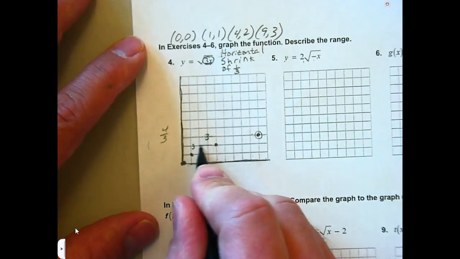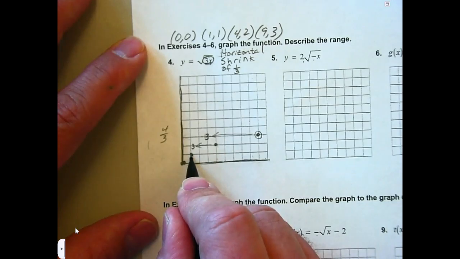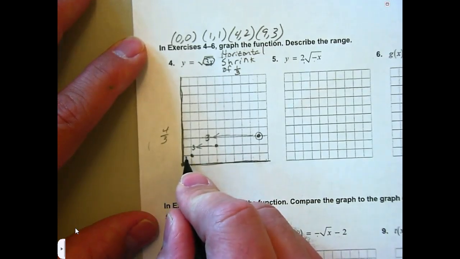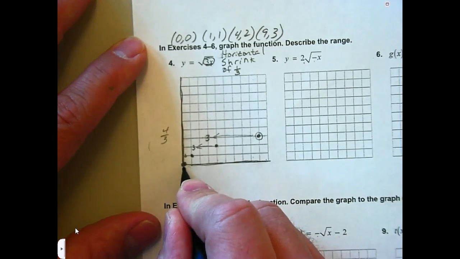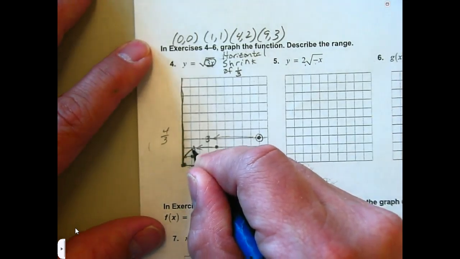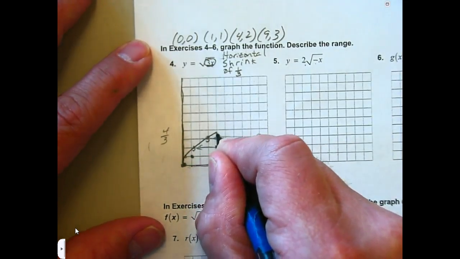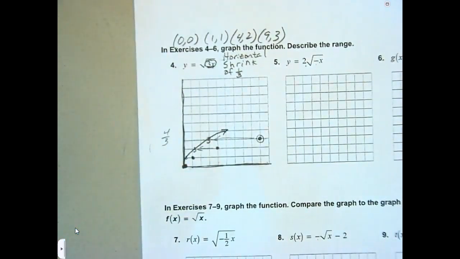This point moves to there. That point moves to there. This point is at 1. Where would it be? 1/3. How about the point that's at y already? It just stays. So your graph actually now does this. This is the graph. I'm going to stop there because I haven't calculated any other points.